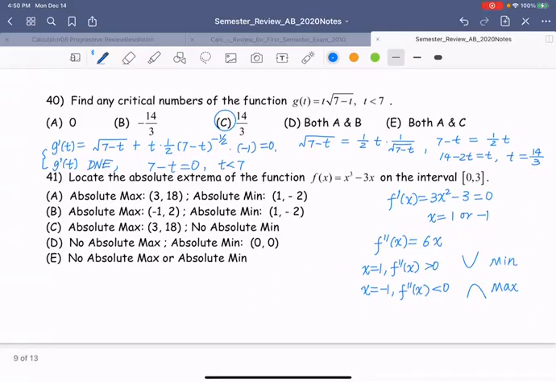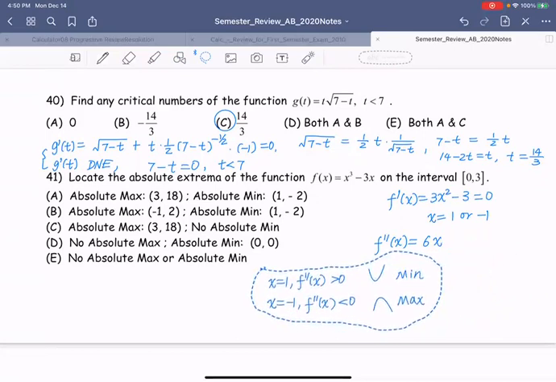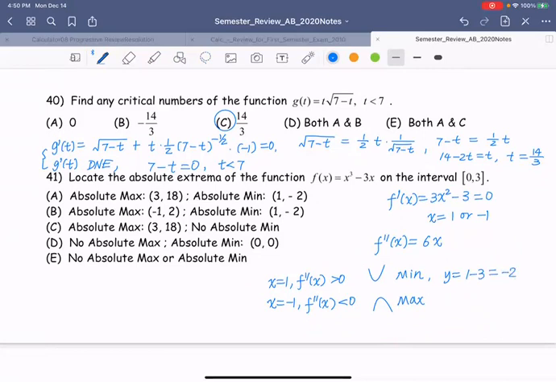X equals 1, y is 1 minus 3, which is negative 2. X equals negative 1, this is negative 1 plus 3, which is positive 2. Correct?